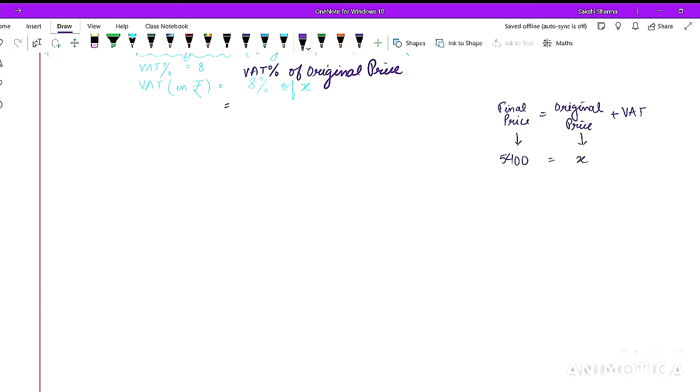The original price is X and the VAT is 8% of X. So you will solve this bracket first before you solve the equation.